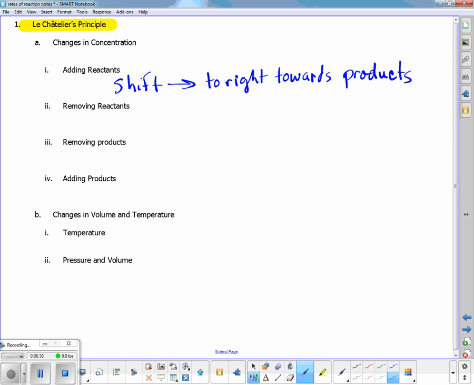If somehow I tended to dig somewhere and make a hole, my dad would come home and he'd get mad and I'd have to fill up the hole, right? So if I take out reactants, then I'm going to shift towards the reactants to the left because I got to fill up that hole that I just made by pulling that out.